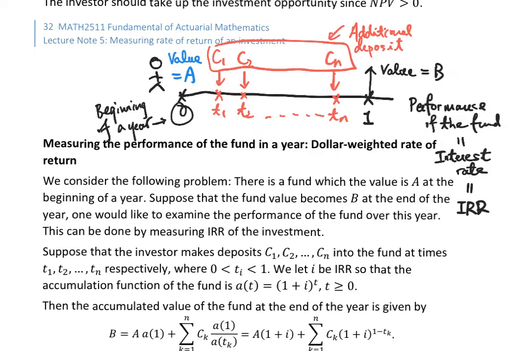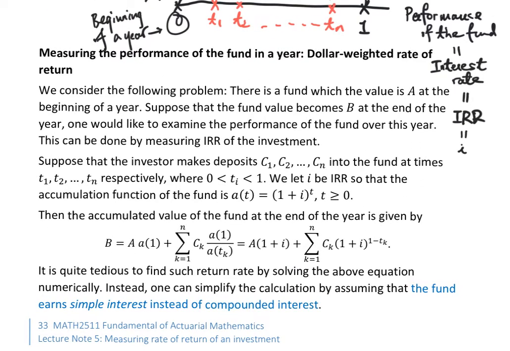First of all, let's suppose we let I be my IRR. In that case, the accumulation function of the fund will be a(t) equals 1 plus i to the power t. Given this accumulation function, now we can say something about the value of the fund after 1 year.